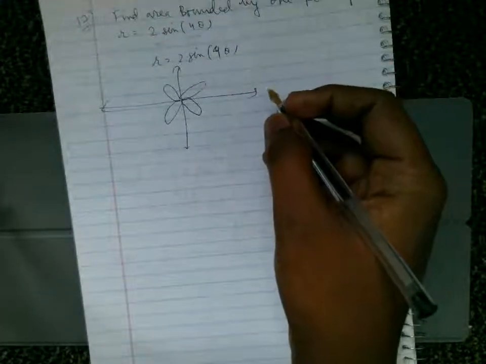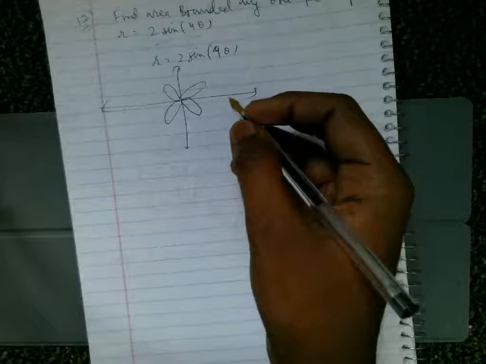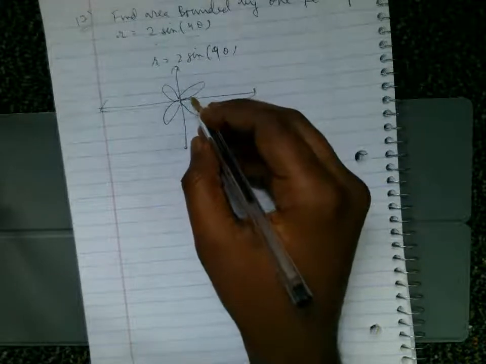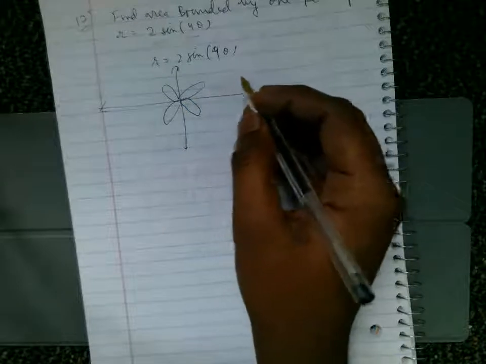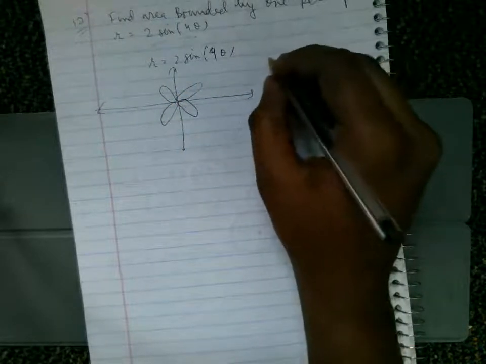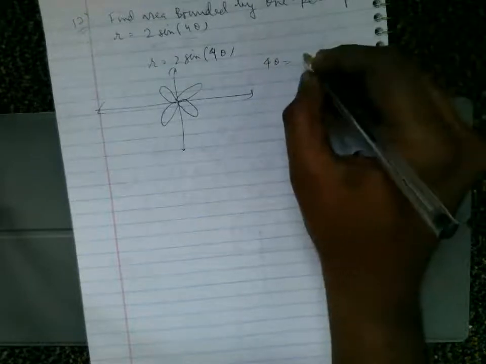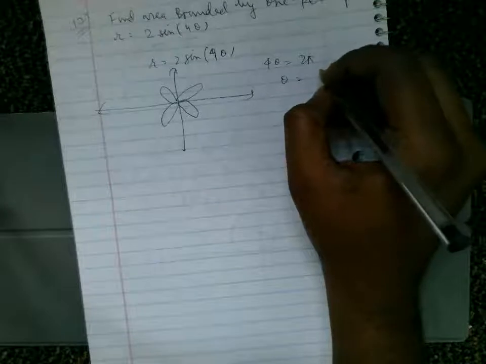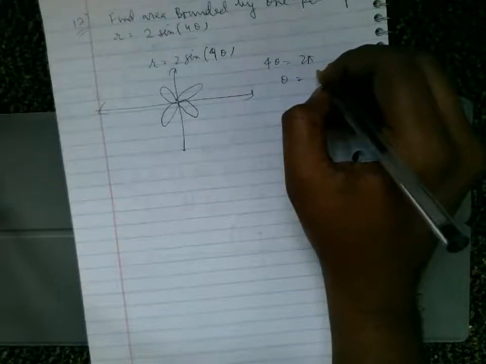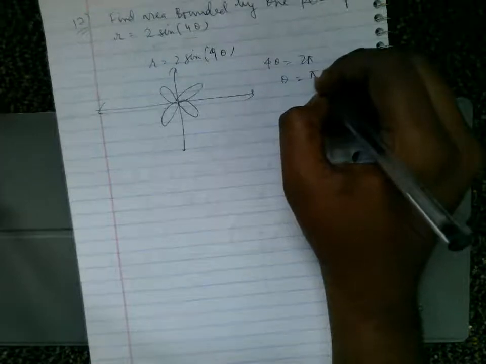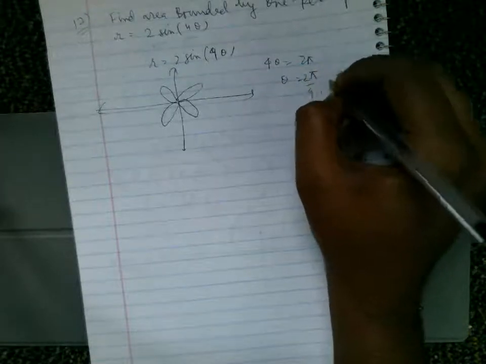And as a matter of fact, you actually don't need to know what the graph looks like. You can just take 4 theta is equal to 2 pi. So theta is equal to 2 pi by 4.